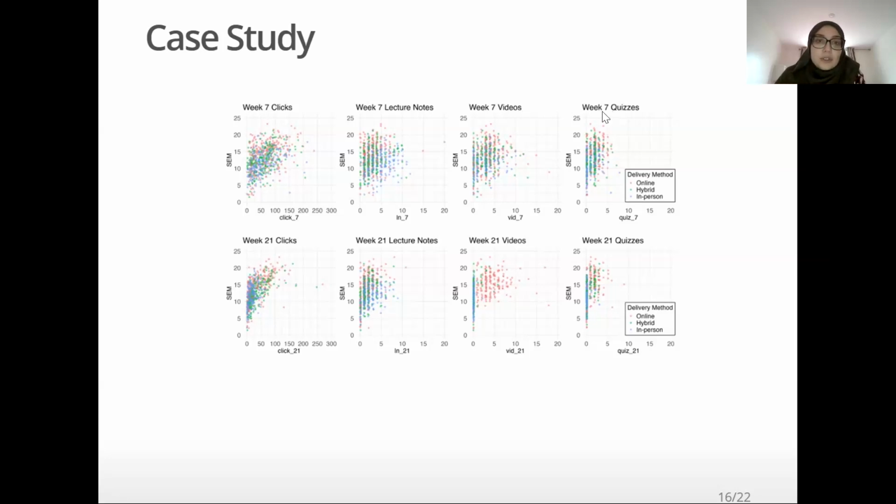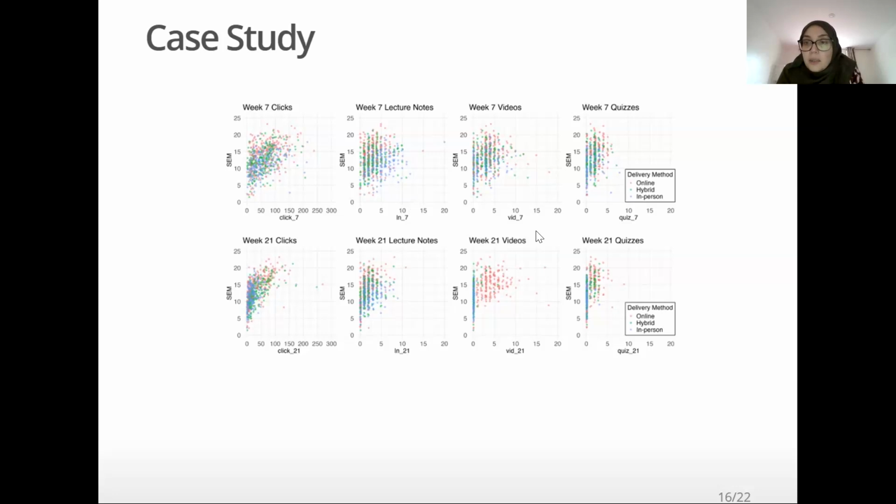So we have here different resources, including the quizzes, the videos, the lecture notes, or the total clicks as in the first graph. We also could see that the influence of the delivery method on these correlations varies. So between week 7 and week 21, we could see that there is a decrease in the blue points, which means that there is a decrease in the clicks from those who are attending the sessions in person.